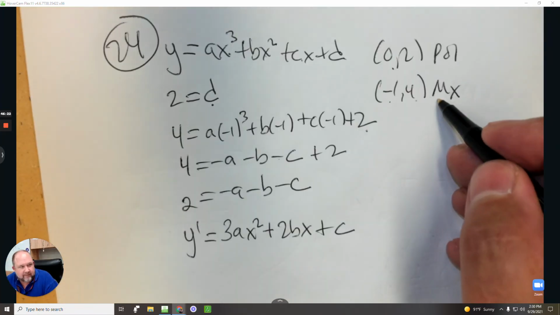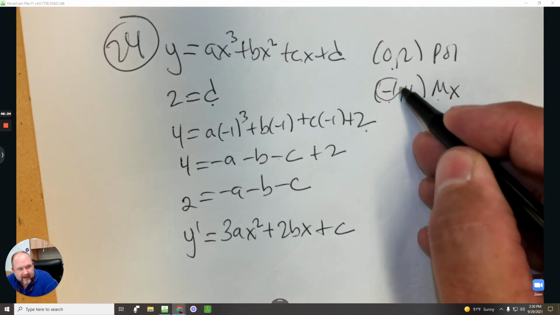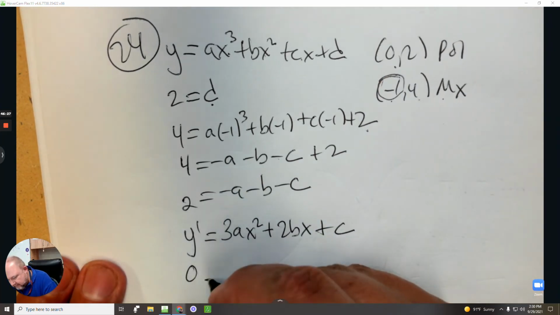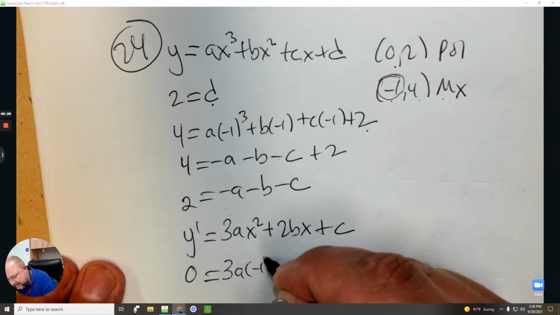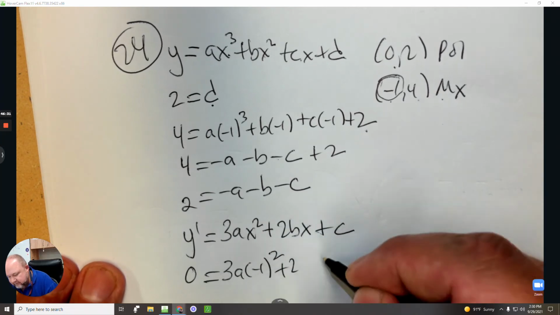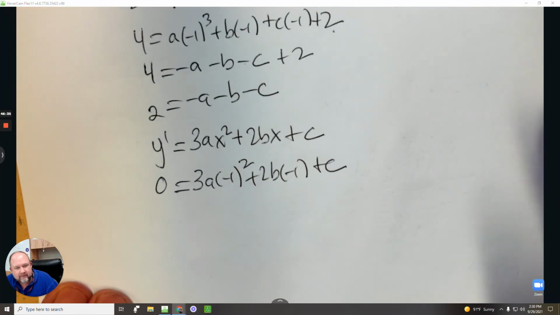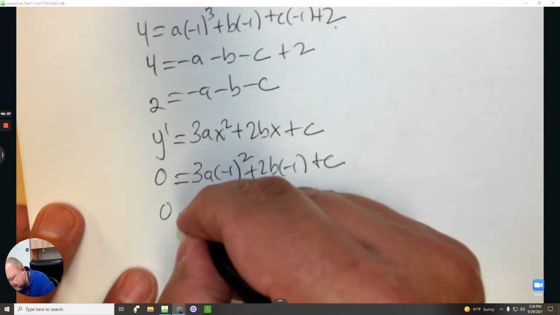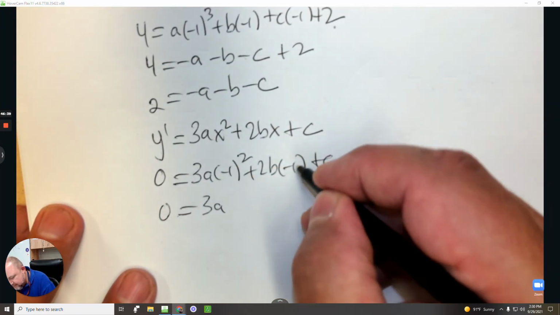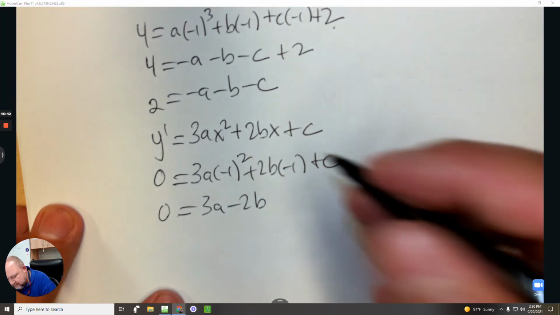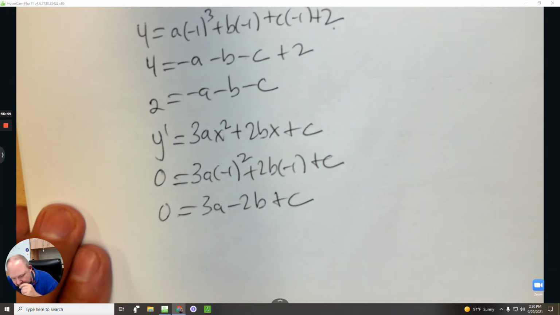And then I'm going to plug in the max. So I'm going to use the x value. So it's equal to 0 when x is -1. That's the definition of a maximum. And then plug in -1. So I get 3a minus 2b plus c is equal to 0.